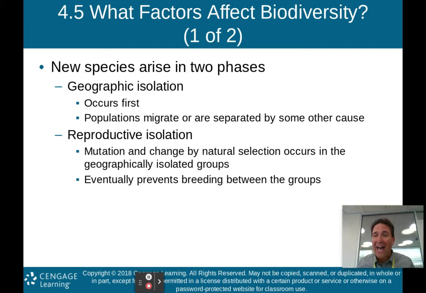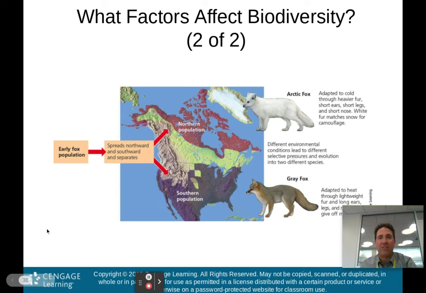So now you have the squirrel in South America by natural selection evolving one way, the squirrel in Africa by natural selection evolving in another way, and eventually they become so distant from one another that they can't breed anymore and produce viable offspring. So what are they? We now have two different species. More biodiversity on the planet, right? So now we went from one species and we turned them into two species. That is what we talk about with geographic isolation and then reproductive isolation.